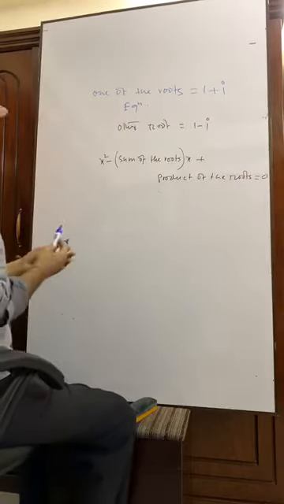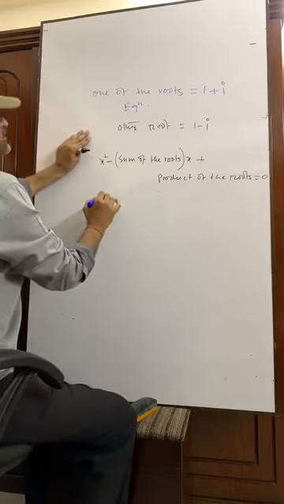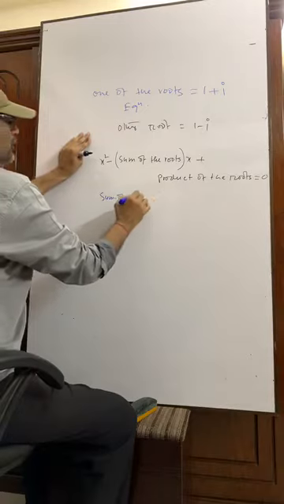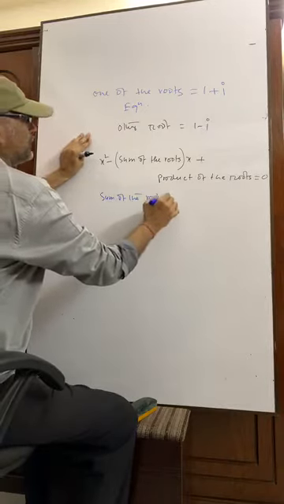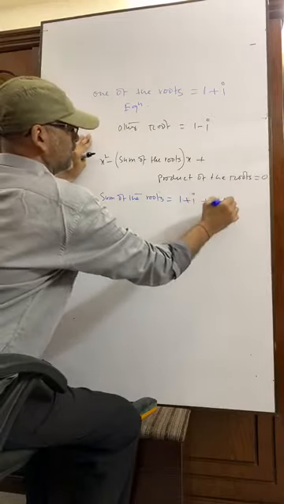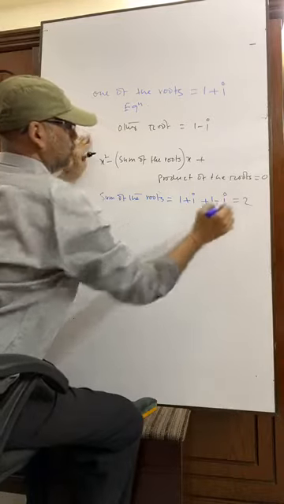So what is the sum of the roots? Sum of the roots equals 1 plus i plus 1 minus i, which equals 2.